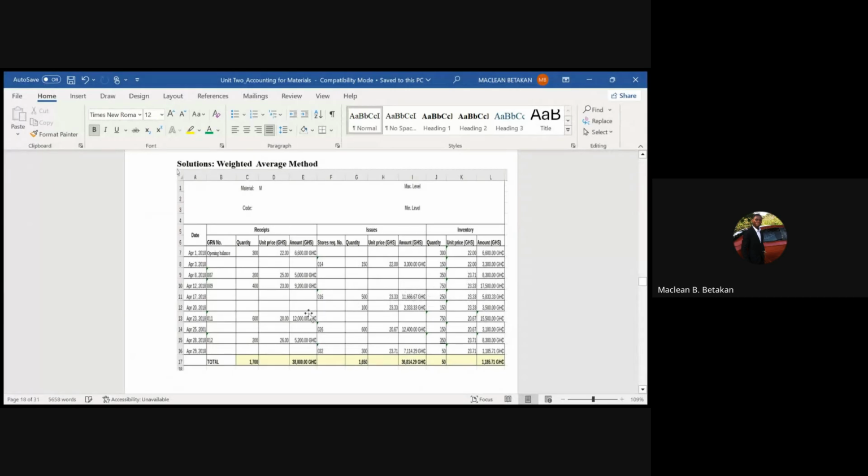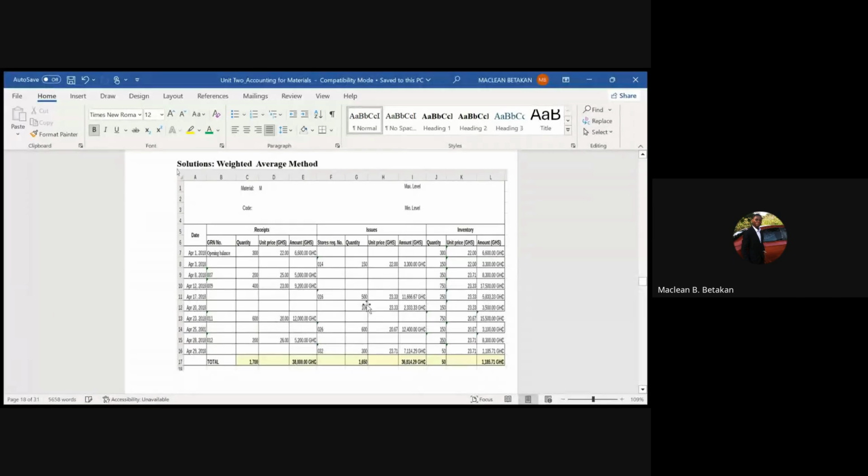Then 500 by 23.33, you get 11,666.67. Then you have issued 500. You were having 750. Now you are left with 250. And this 250 is going to be valued the same as the weighted price, that is the 23.33.